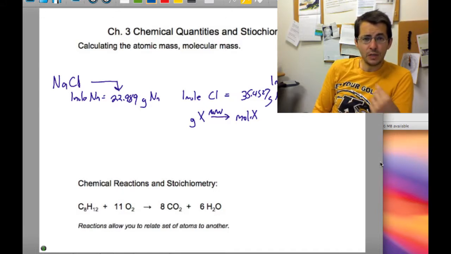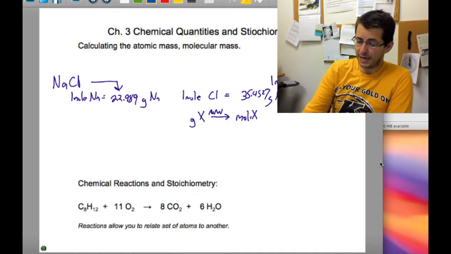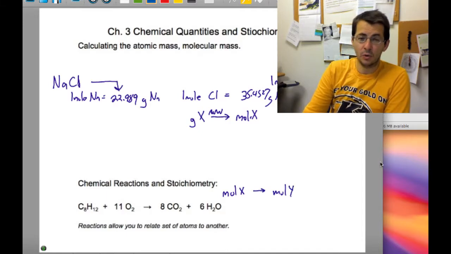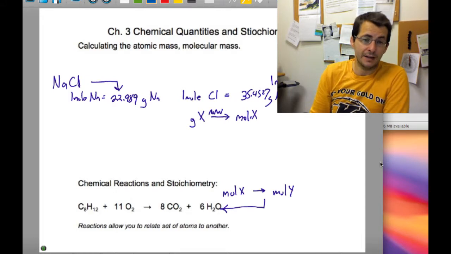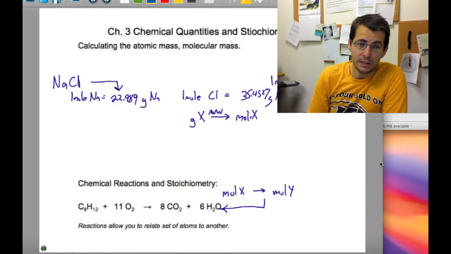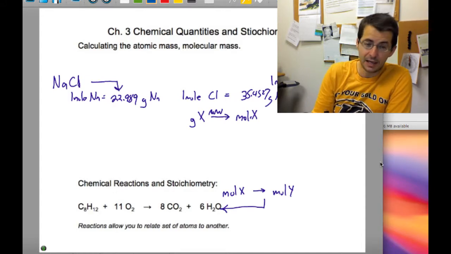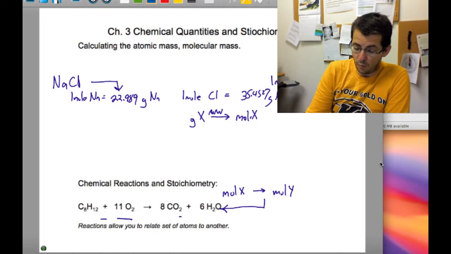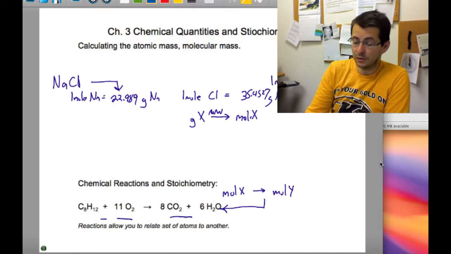We now have 2 different ways of relating compounds. We now have a gram to mole relationship, but there's also a mole to mole relationship. Going back to our chemical equation, if we take a look at this balanced chemical reaction, we have 11 oxygen producing 8 CO2.